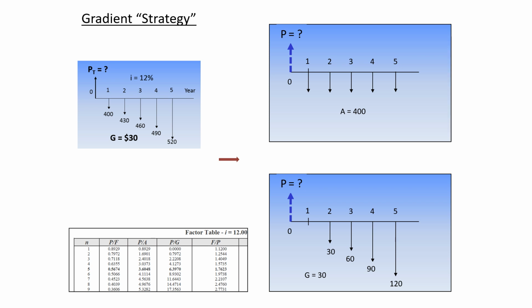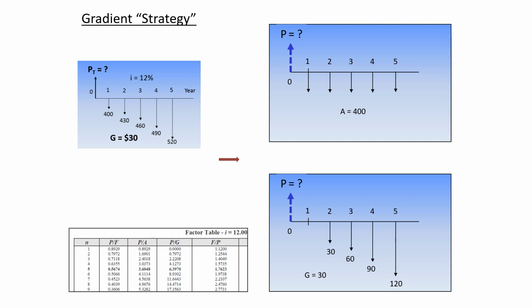So this is a summary of the type of the problem statement, and we can see from the factor table here, the P/A for n equals 5 is 3.6048. So what that means is that P divided by A is 3.6048.